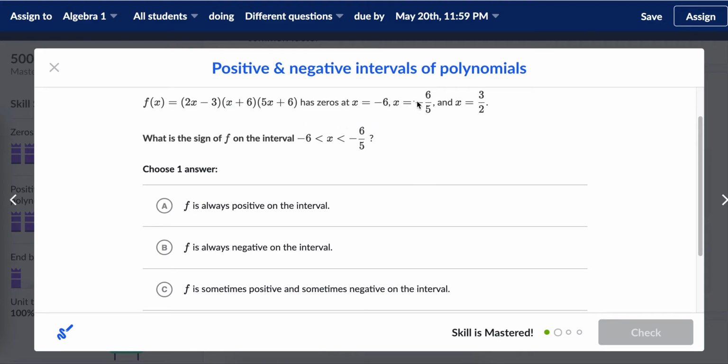And the other two: the negative 6 over 5 is given by the factor 5x plus 6, so it's negative 6 over the 5. And the x equals 3 over 2 is given by the factor 2x minus 3, which is 3 over 2. Okay, so we have these zeros here, and what does that mean first of all, right? So let's take a look at what that means.